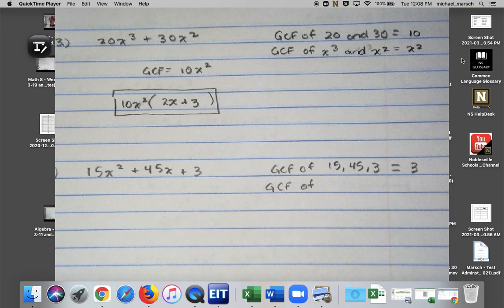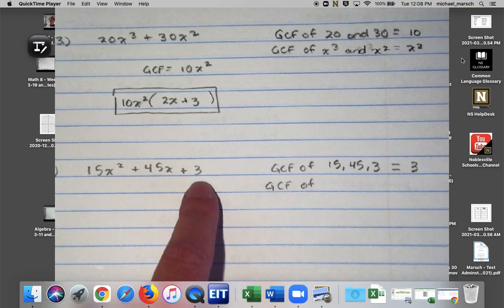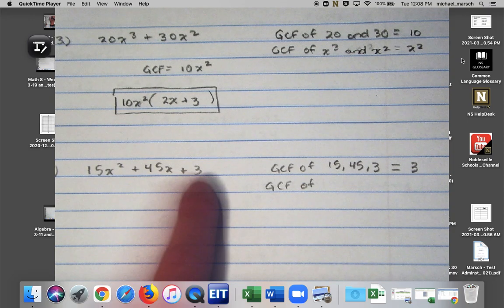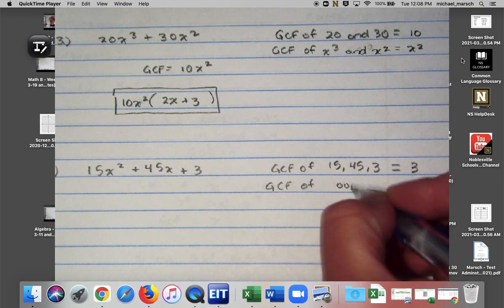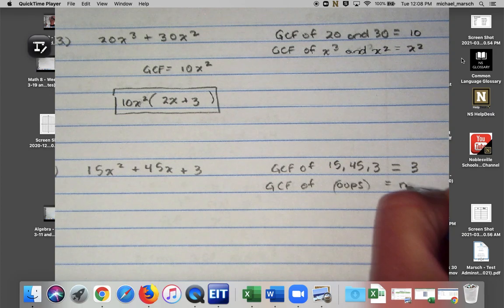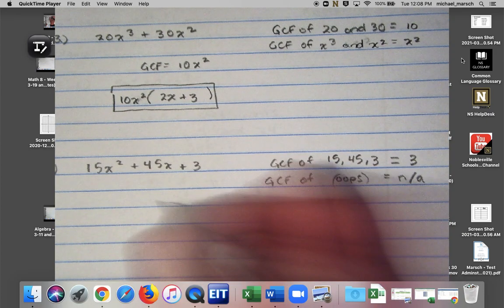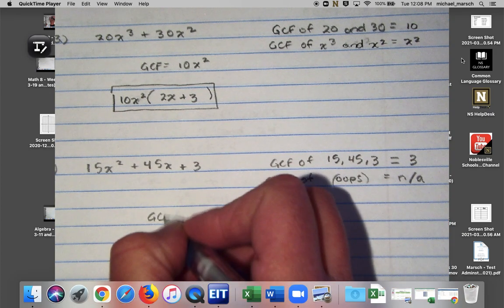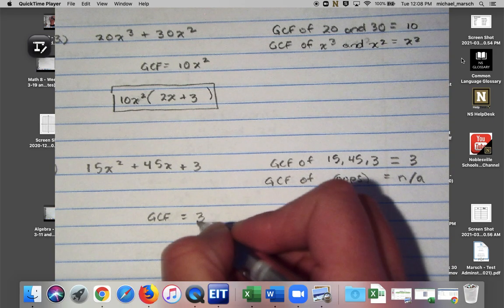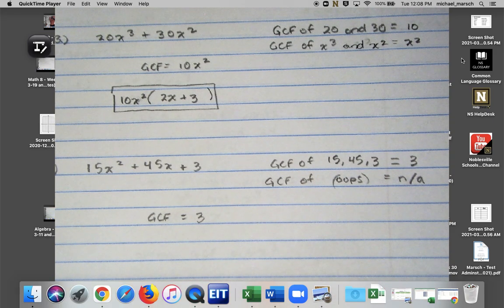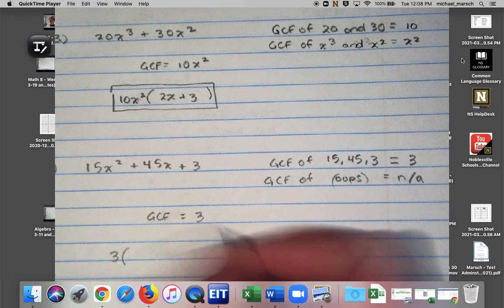Like I can't choose x because this term doesn't have an x, right? So there is nothing else to go along with our greatest common factor. So my GCF of this polynomial is just 3, right? I can't multiply and then all of a sudden not have a variable. So I just have 3. So I put 3 out to the front.